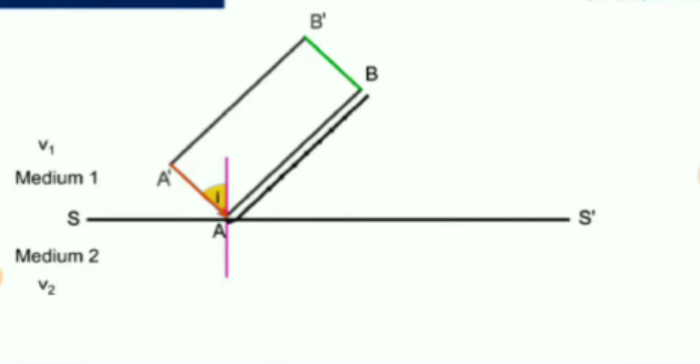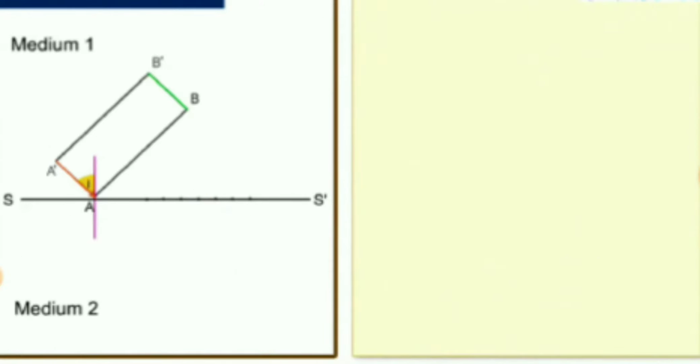As the wavefront travels from medium 1 to medium 2, different points of the wavefront are incident on the interface SS' at different instants of time. If the point B is incident on the interface at C after t seconds, then BC is equal to v1t.